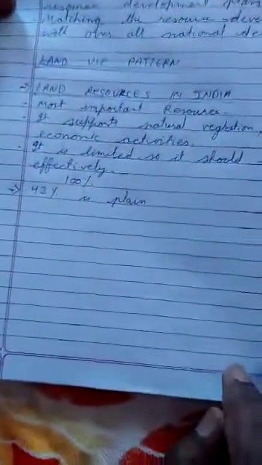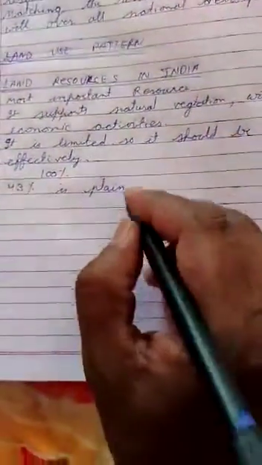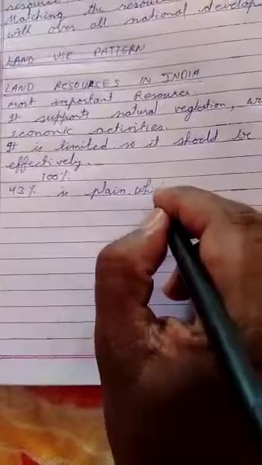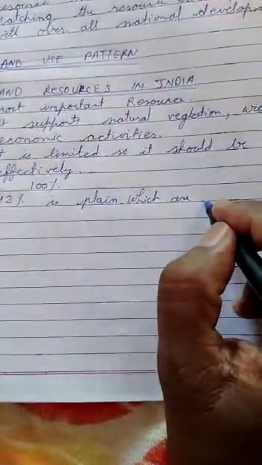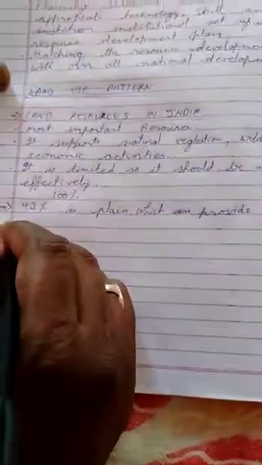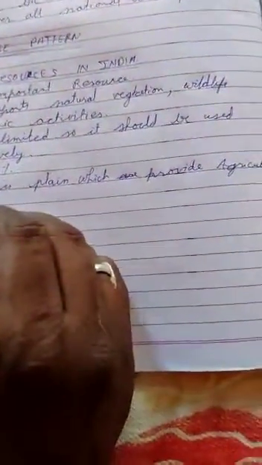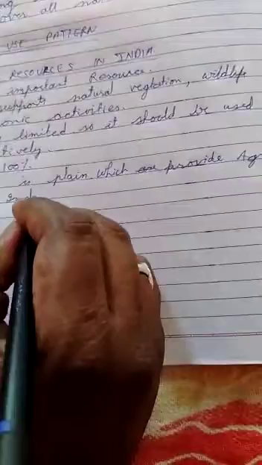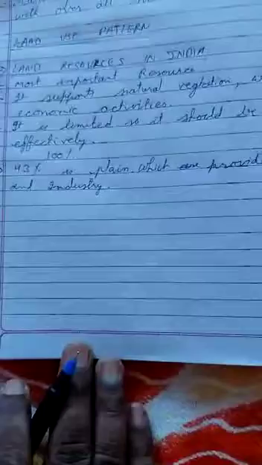They lie in the plain areas, which are extensively used for agriculture and industrialization. It is easy to cultivate land or set up industries on flat plains.